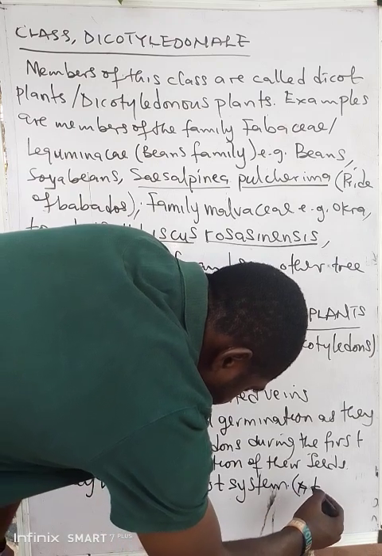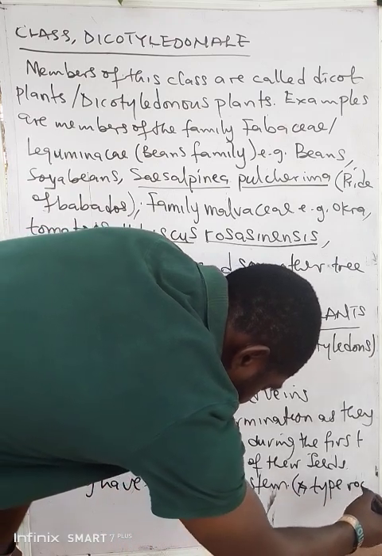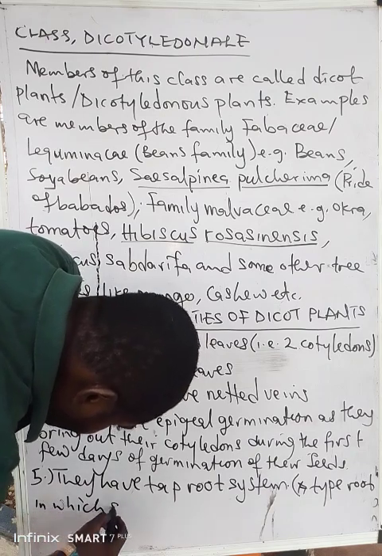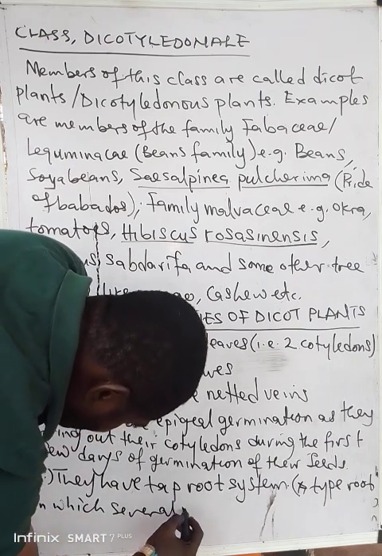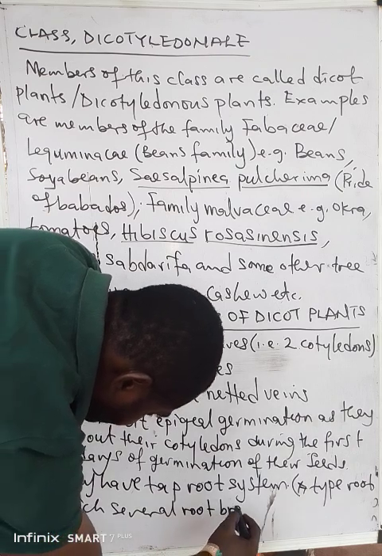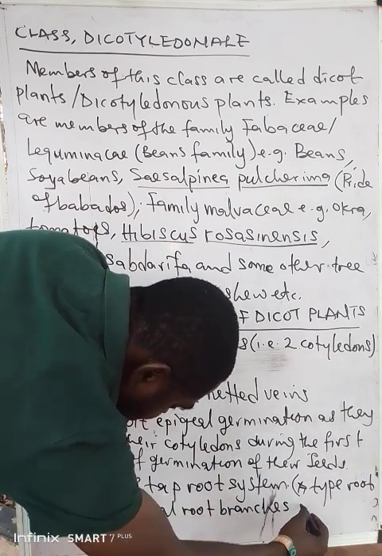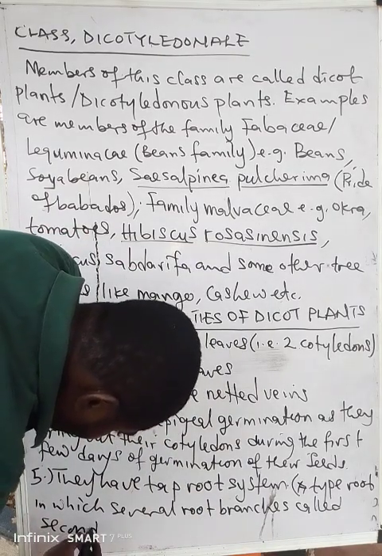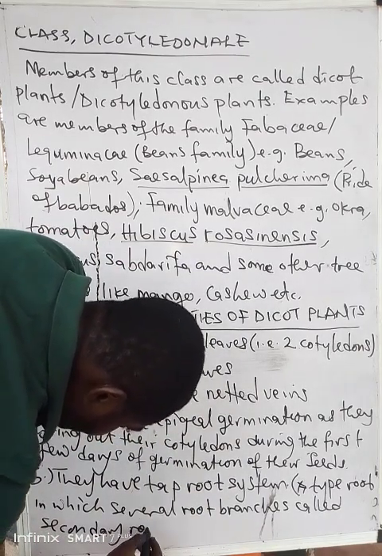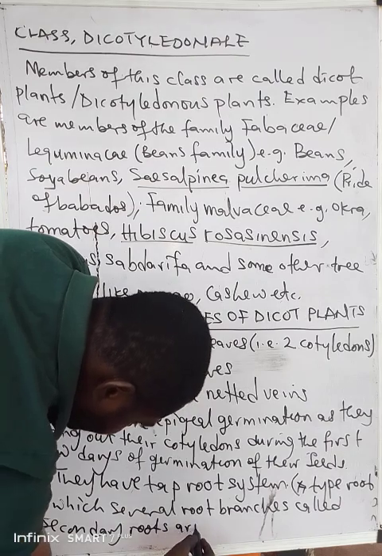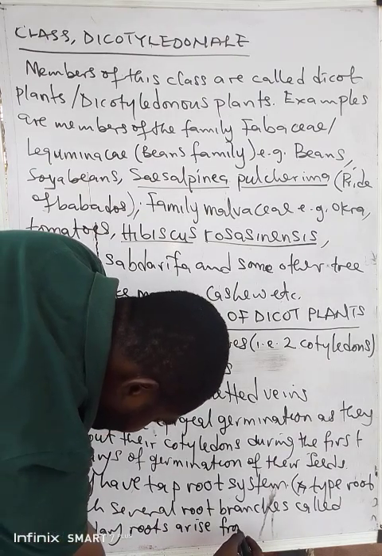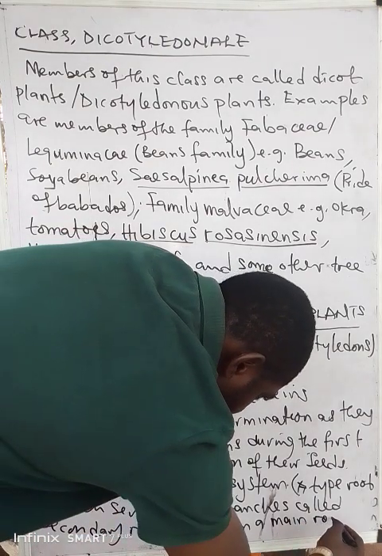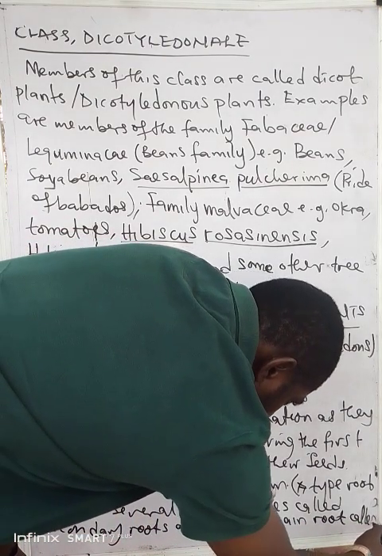A type of root in which several root branches called secondary roots arise from a main root called the primary root.